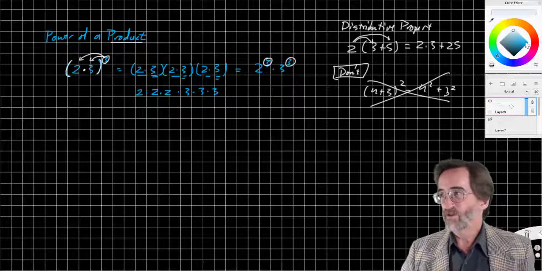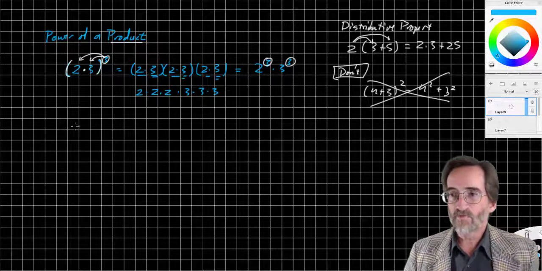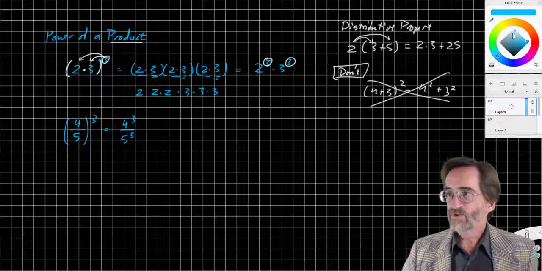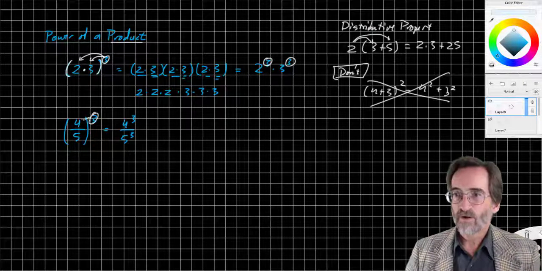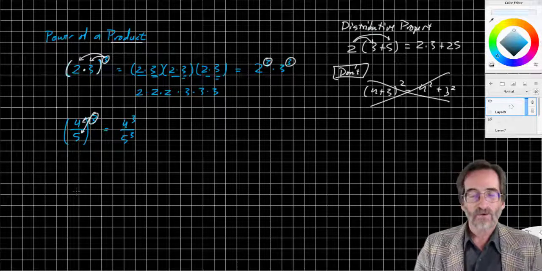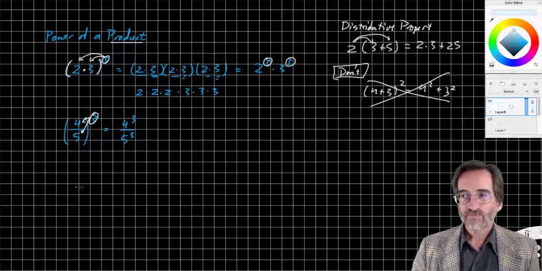So let me show you that here. If I have 4/5, and I raise it to the power of 3, that is the same as 4 to the power of 3 over 5 to the power of 3. The exponent 3 goes to the 4 and to the 5 both. All right?